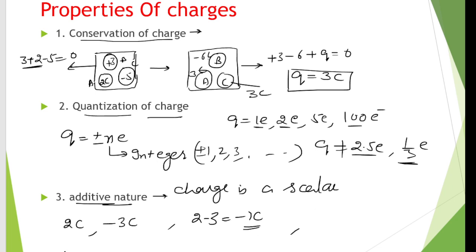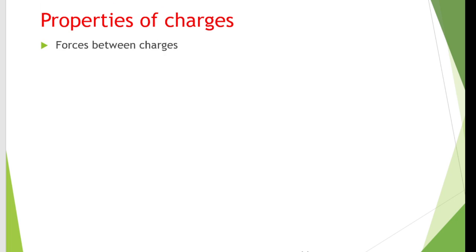Similarly, if three bodies have charges 5 coulomb, 2 coulomb and 3 coulomb, the total charge will be 5 plus 2 plus 3, which is 10 coulomb. This is called the additive property, that charge can be added just like scalars.